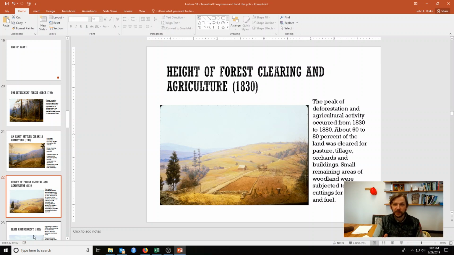So in this case, 60 to 80% of the land was cleared and used for human uses. And it was a patchwork of different uses, agricultural crops, pasture land, but importantly, some woodlots remained as these people that lived in this landscape utilized these woodlots for firewood.